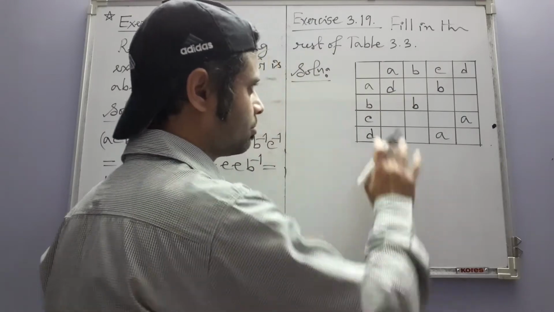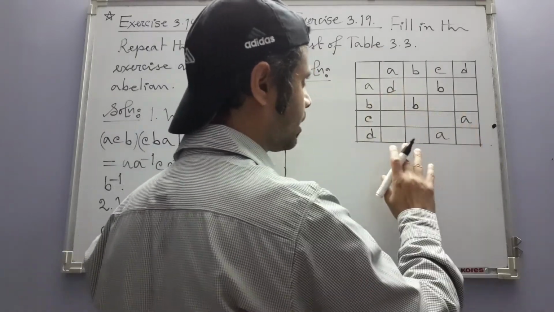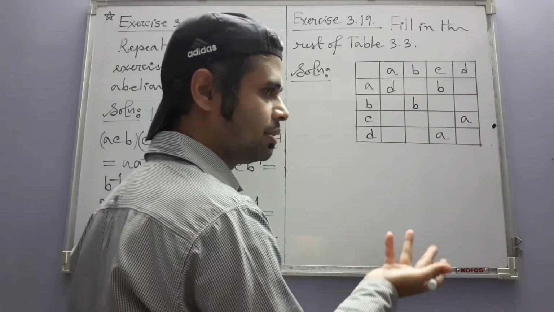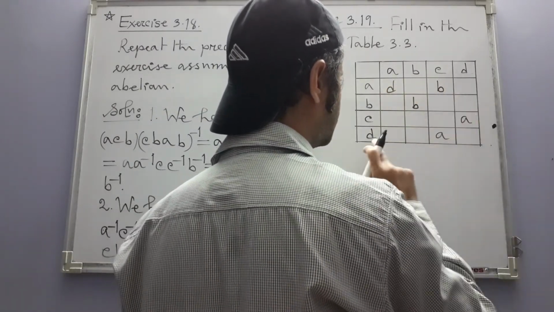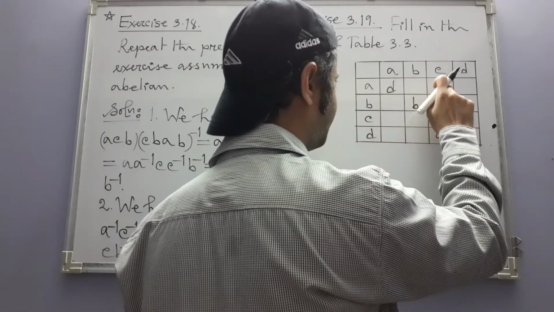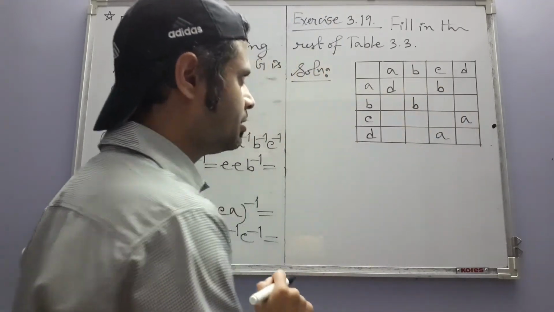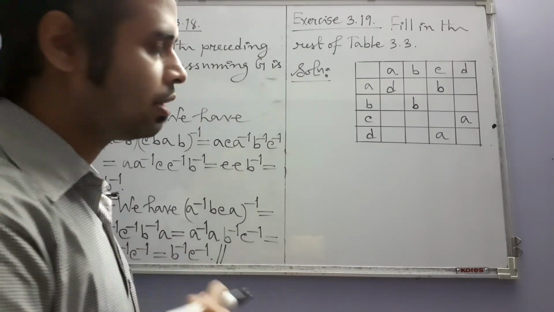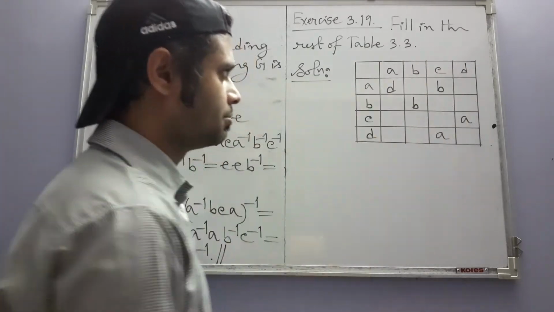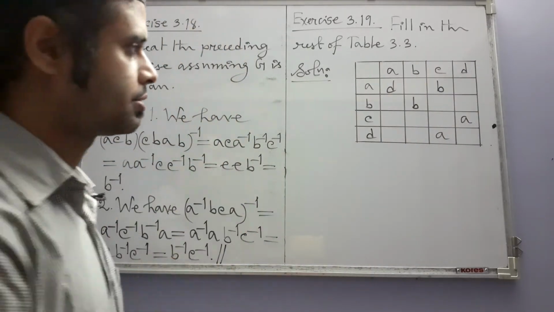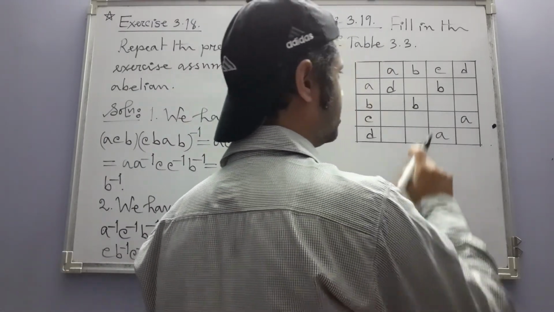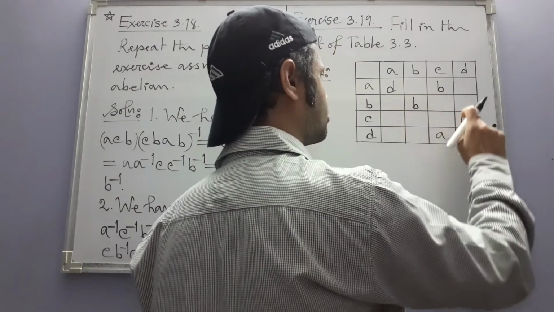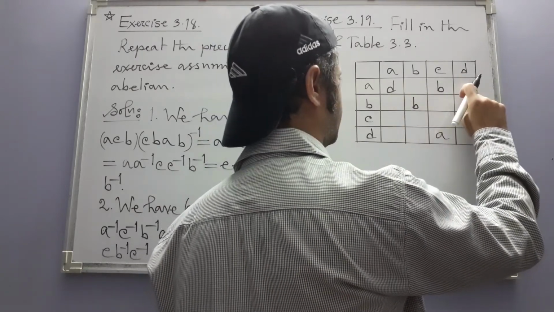First of all, whatever we have to put here are just these 4 symbols, A, B, C and D. So in the first row, we see that we already have B and D. That means A and C need to appear in these 2 cells. So let us look at this cell.